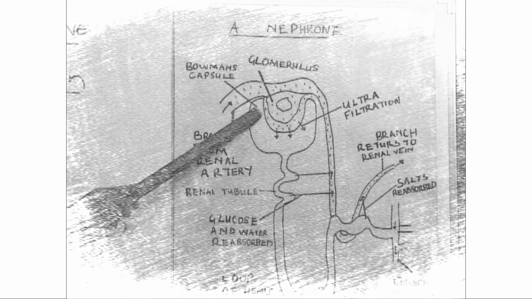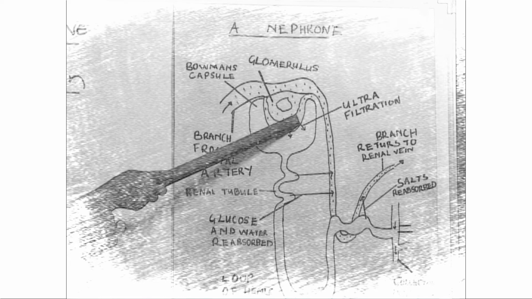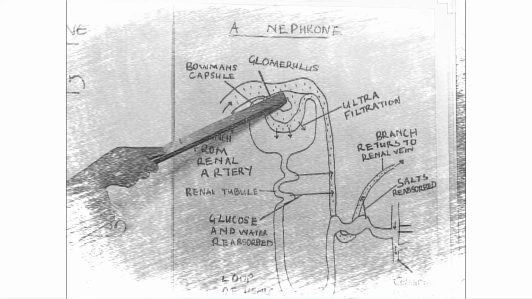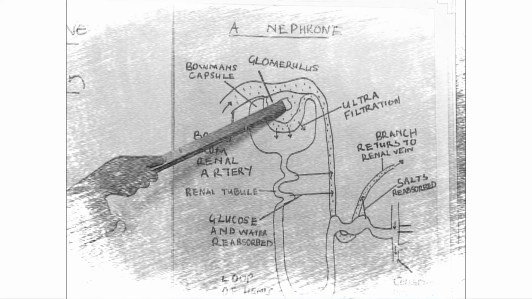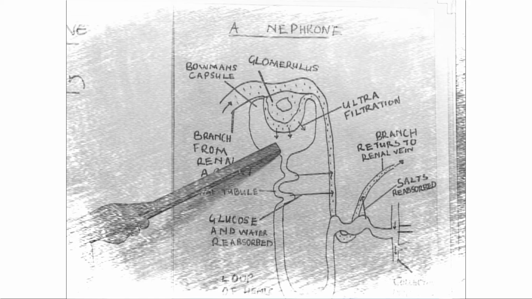Remember I told you that the Bowman's capsule contains the glomeruli. Now these glomeruli are blood capillaries containing small holes which can only allow smaller molecules to pass through. That's why when the pressure is built up here, you expect only smaller substances made up of smaller molecules to be filtered under a high pressure from the glomerulus into the Bowman's capsule.